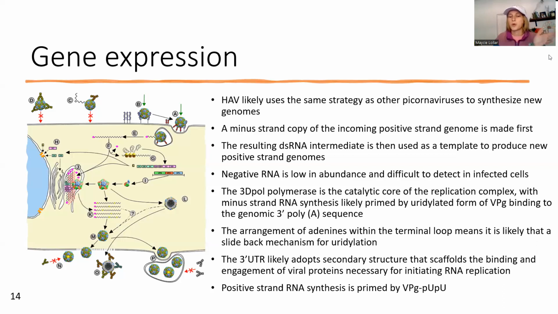And the 3' UTR likely adopts a secondary structure that scaffolds the binding and engagement of viral proteins that is necessary for initiating the RNA replication. The positive strand RNA synthesis is primed by the VPg-pUpU.